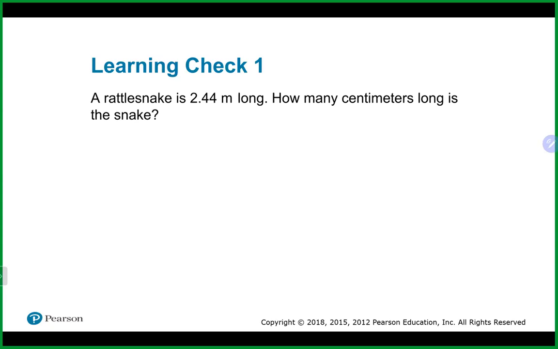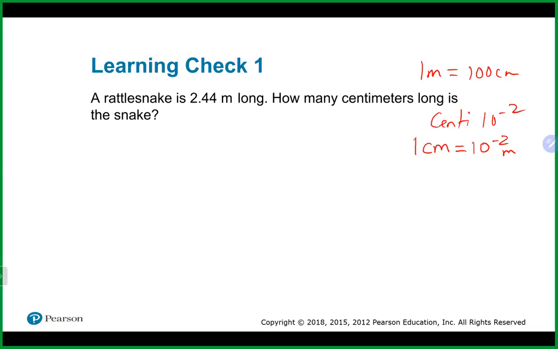Rattlesnake. Speaking of things in bushes, here it's 2.44 meters long. How many centimeters long is our rattlesnake? So centi is 10 to the minus 2, right? Okay, so centi, what this means is in 1 centimeter, there would be 10 to the minus 2 meters. Or if you want to use the other conversion, in 1 meter, there would be 100 centimeters.